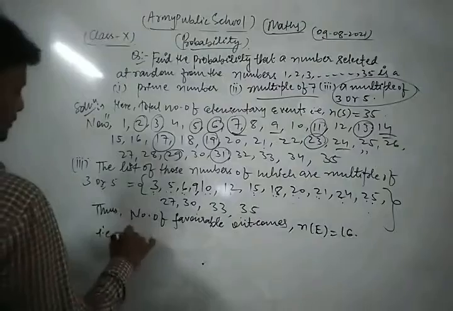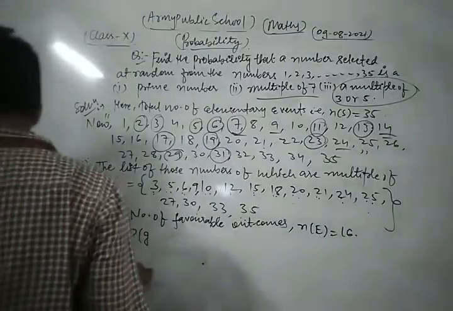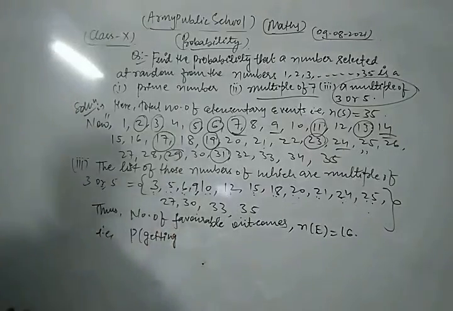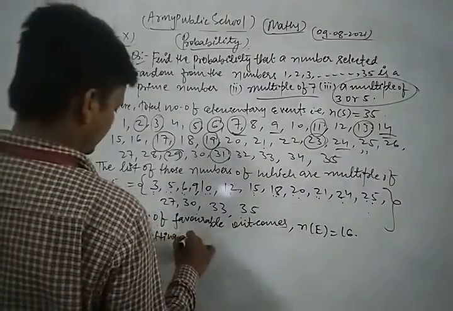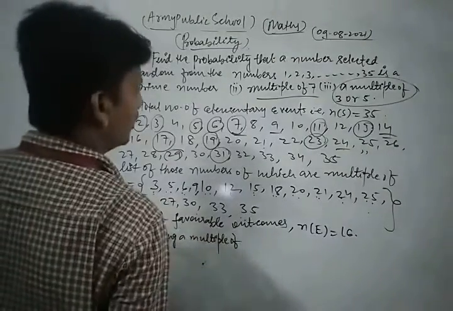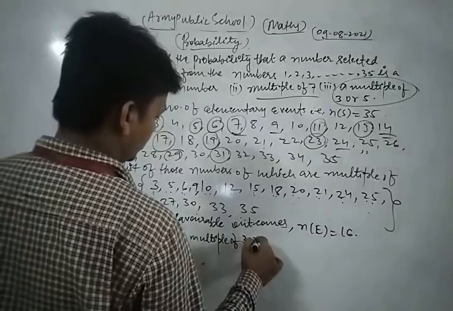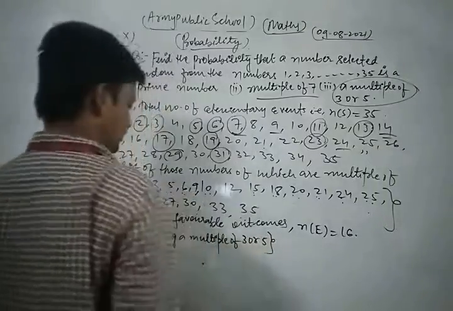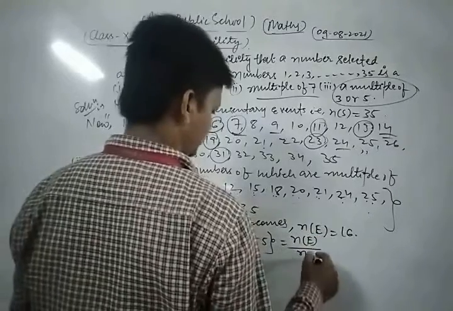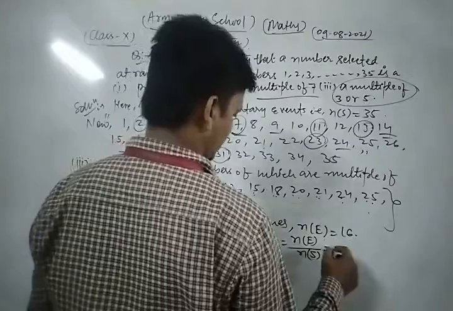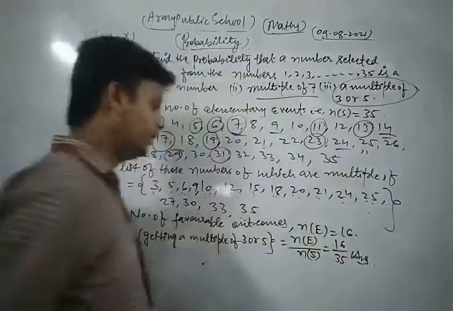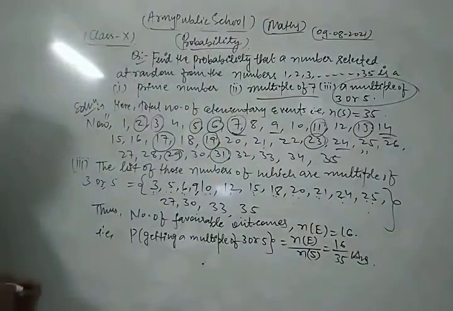That is the probability of getting a multiple of 3 or 5 is what? n(E) upon n(S). This is 16 upon 35. Okay, so this is the required solution.